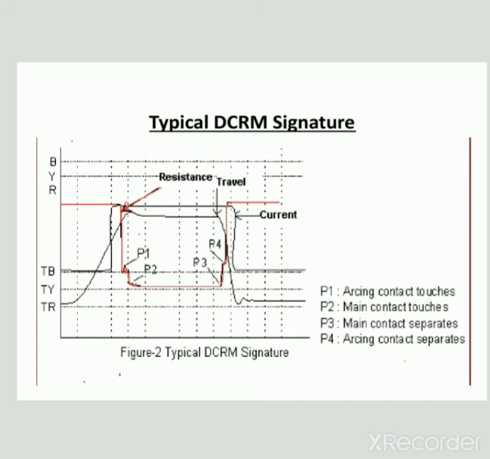The typical DCRM signature on RYB as shown is the indication of resistance, travel and current. P1 is the indication of arcing contacts touching. P2 is the indication of main contacts touching. P3 is the indication of main contacts separating, and P4 is the indication of arcing contacts separating. So this is the typical graph.